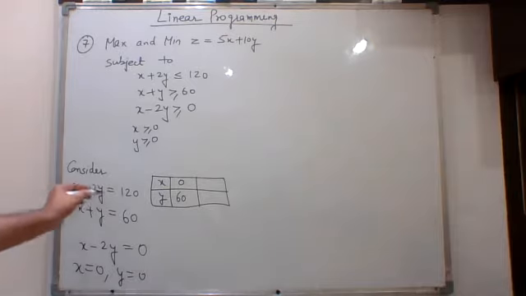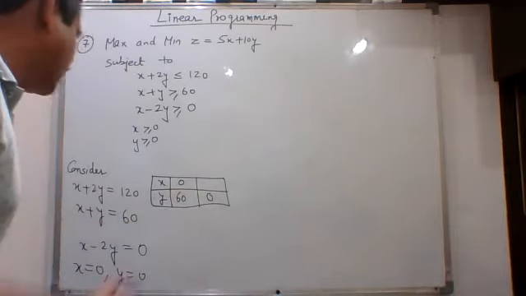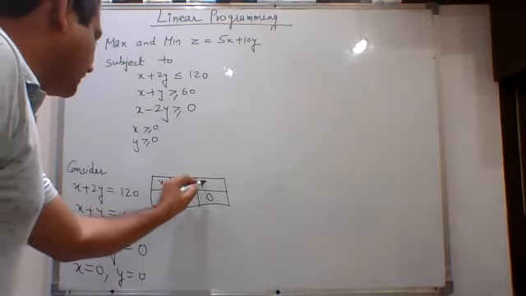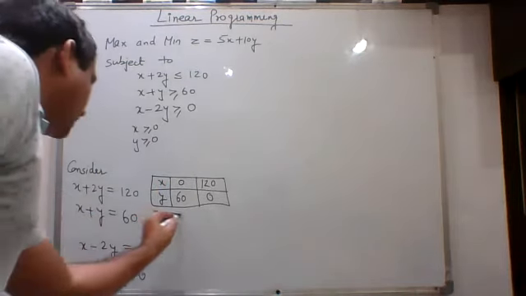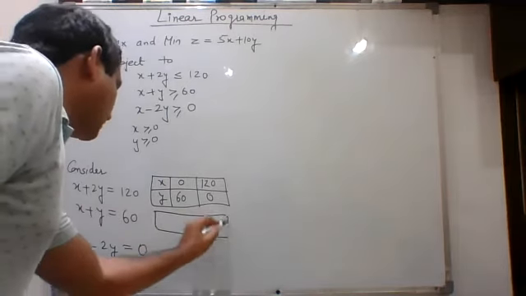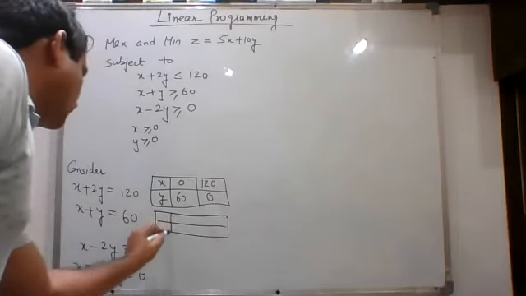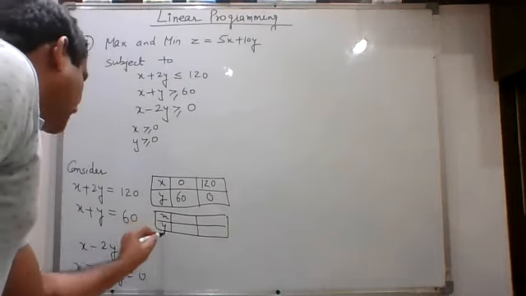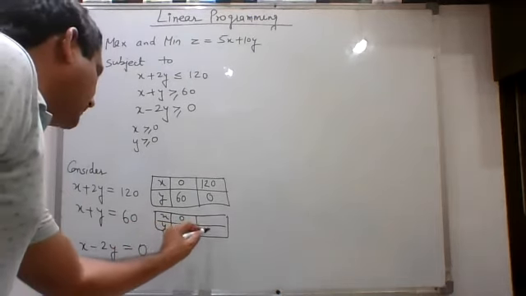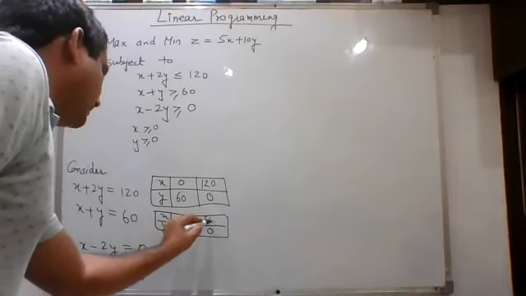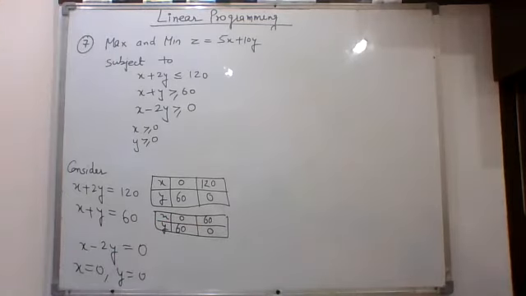And if you take y is equal to 0 in this one, then your x will be equal to 120. Now the table for the second line. For the second line, this is x, this is y. If I take this as 0, then this is 60. And if I take y as 0, then this will be 60. So this is our second line.